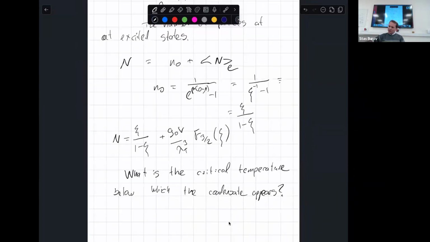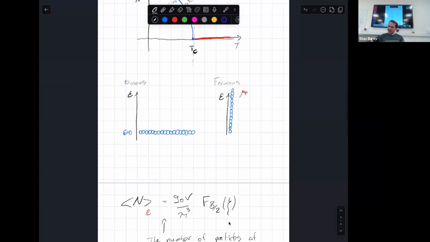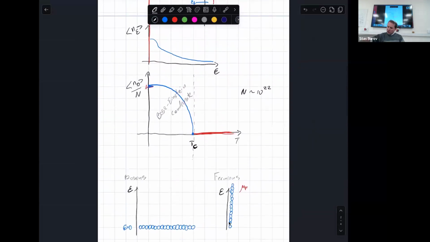Okay, so I will rephrase the answer or the question. What we see is that the number of particles at the ground state for large temperatures, high temperatures, is almost 0. Now, why does it happen? It doesn't mean that n0 is exactly 0. It's something, and this something is small.